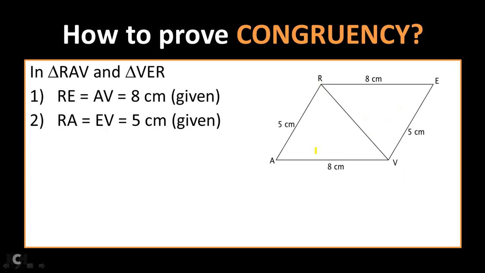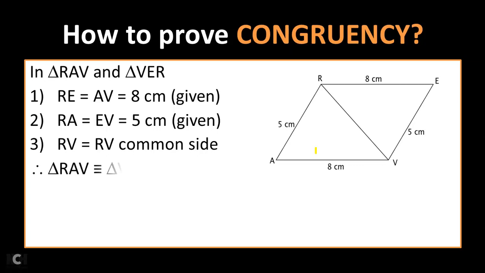Since it is shared by those two triangles, RV equals RV for both triangles. Why? Because it's a common side, being shared by two triangles. So in this case we have proved congruency using case number 1, side, because those are the only things we were able to prove.